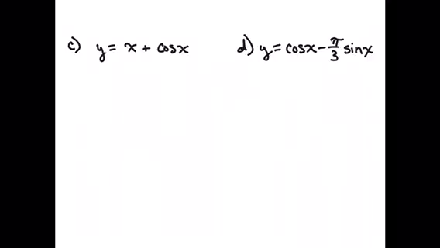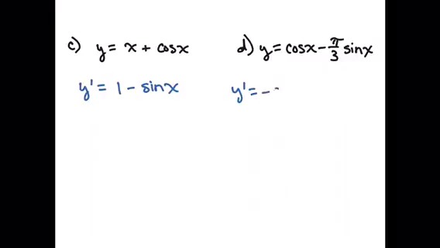Okay, also, if we have multiple terms involving these functions, we just differentiate each term separately. So the derivative of x plus cosine x, the derivative of x is 1. The derivative of cosine x is negative sine x. For example D, we have cosine x.